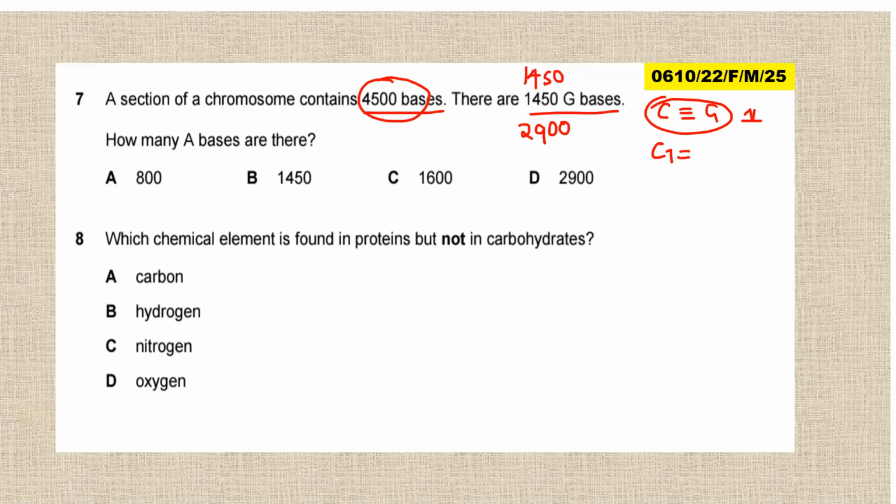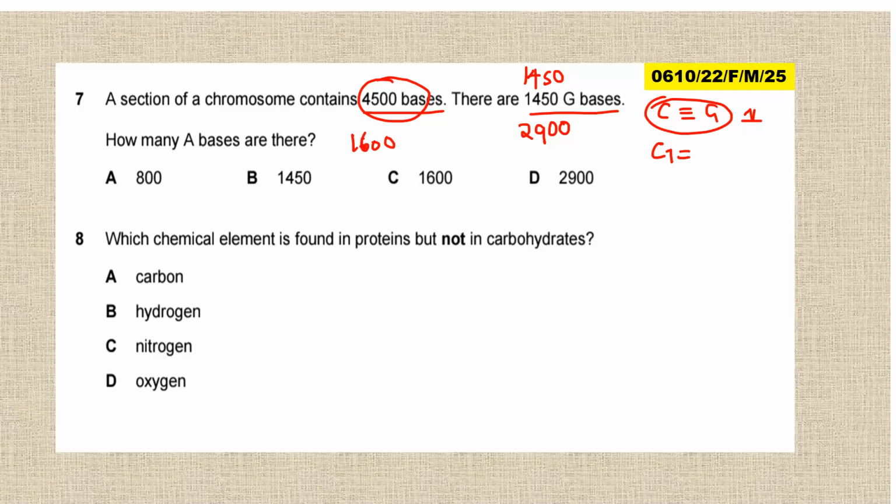Now we need to find the number of A bases. So we are going to say 4,500 minus 2,800 is giving me 1,700.